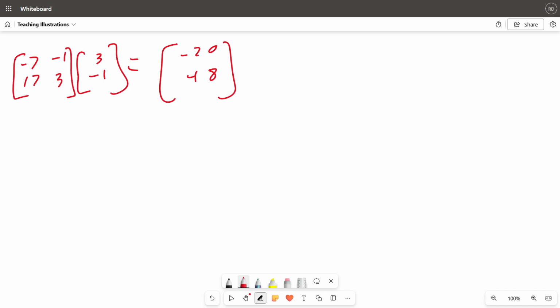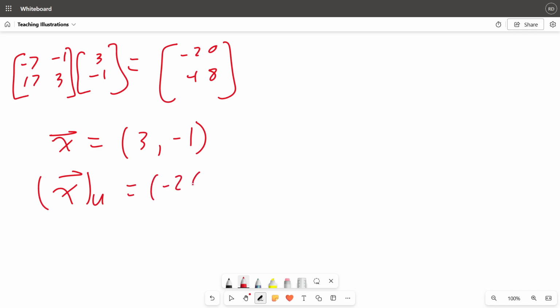So that just tells you that the x in the original system was (3, -1). X in the new system is (-20, 48). All right, hope that helps.